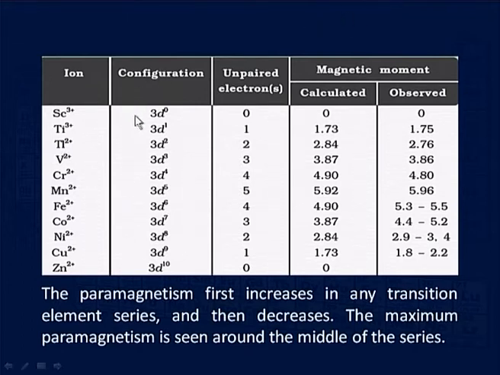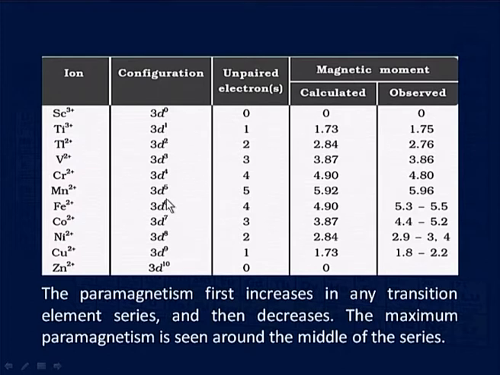Titanium, having one unpaired electron in the d orbital, is going to give you 1.73 unit magnetic moment. In fact, the observed magnetic moment is very close to the spin only magnetic moment, which is 1.75.